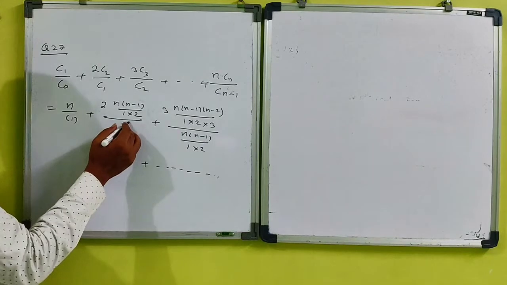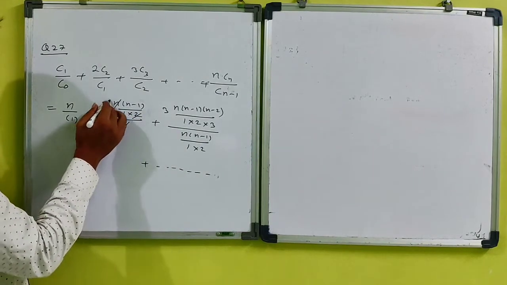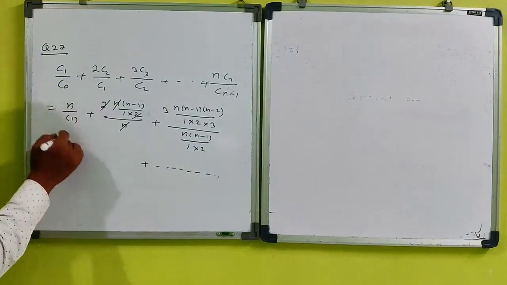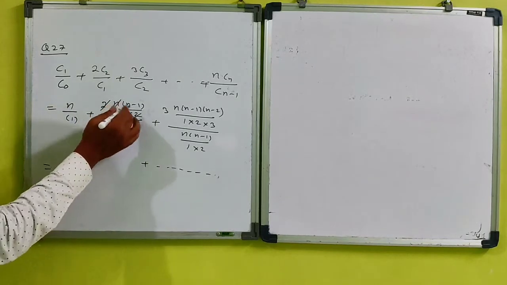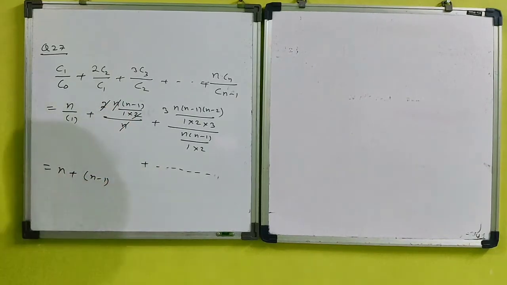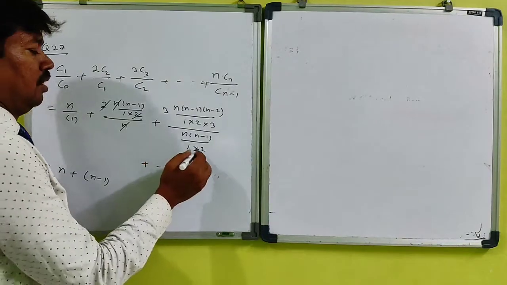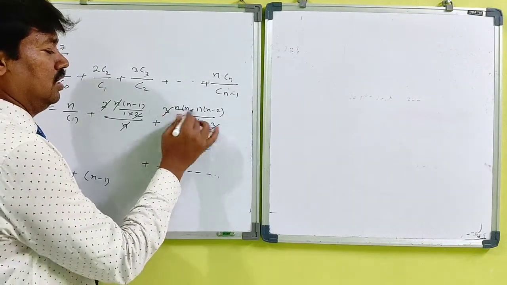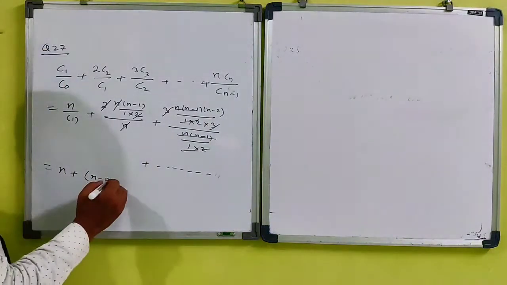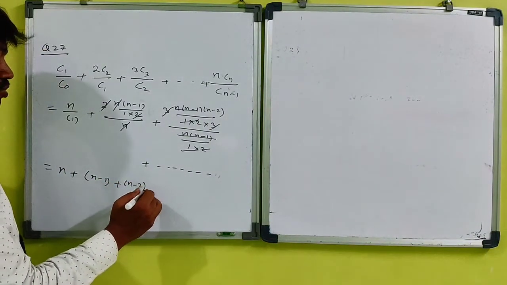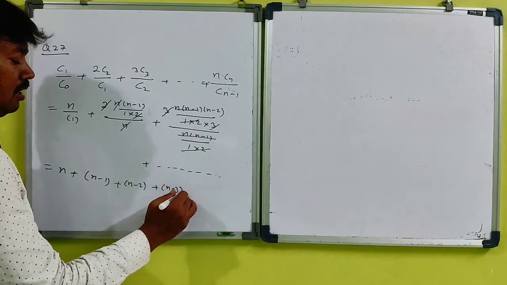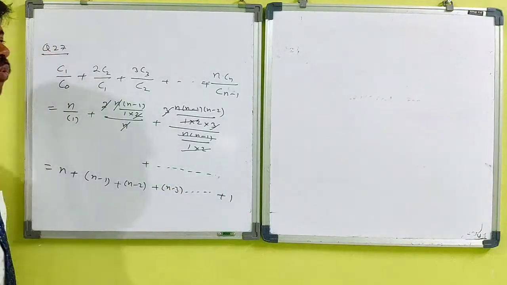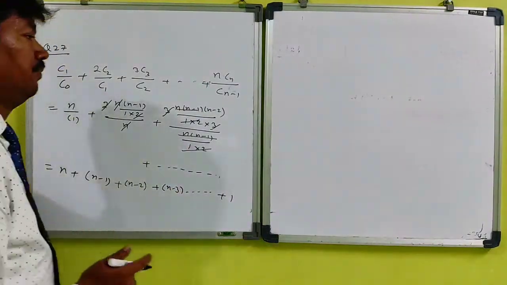So here n and n get cancelled. This 2 and this 2 get cancelled. So what remains is n. The next one, what remains is n minus 1. See, 1 into 2 and 1 into 2 cancel, 3 cancels, n into n minus 1 and n into n minus 1 cancel. So the next term is n minus 2, then n minus 3, like this, down to 1.